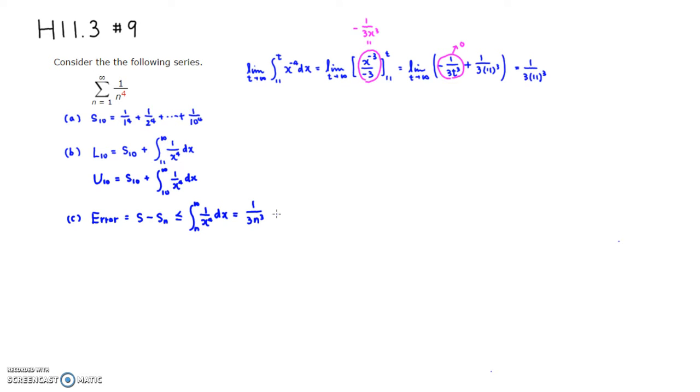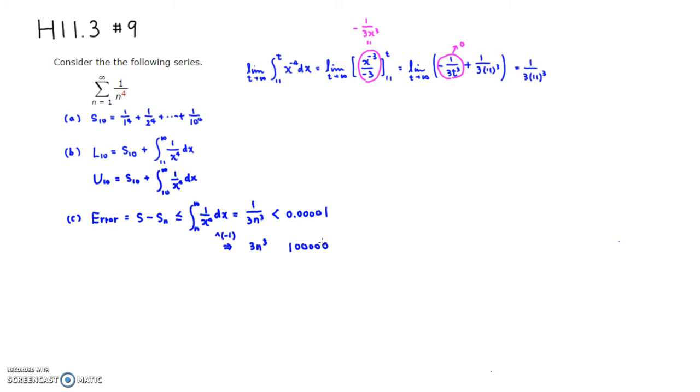So this is going to be that, and then we want to make sure that this is less than 0.00001. Let's solve for n here. First, I'm going to take the reciprocal of both sides. You get 3n cubed, and the reciprocal of that would be 1 with 5 zeros.